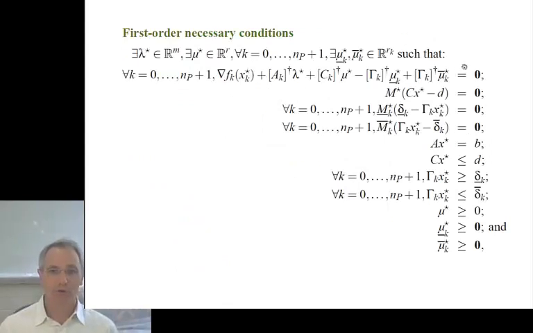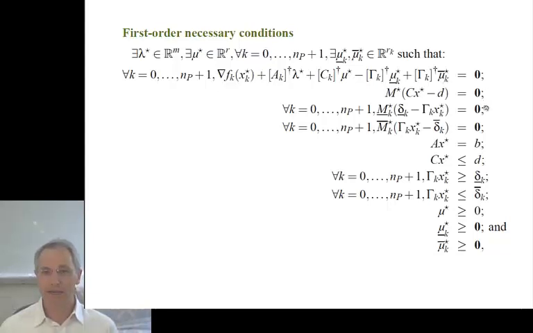We've got the first line, which has some gradient terms, some terms involving the system equality and inequality constraints, together with the corresponding Lagrange multipliers, lambda star and mu star, and terms involving the generator upper and lower bound constraints, including the Lagrange multipliers, mu underline k, mu overline k on those constraints.